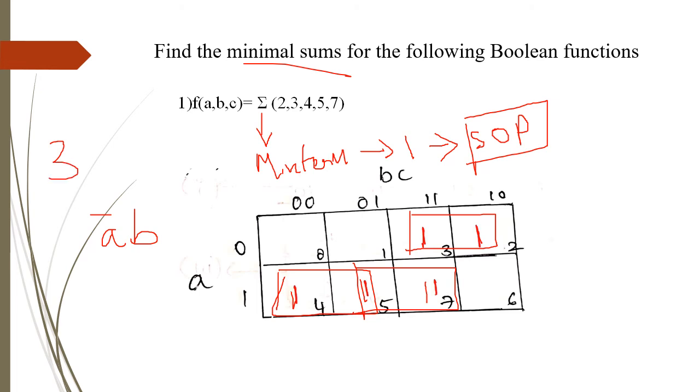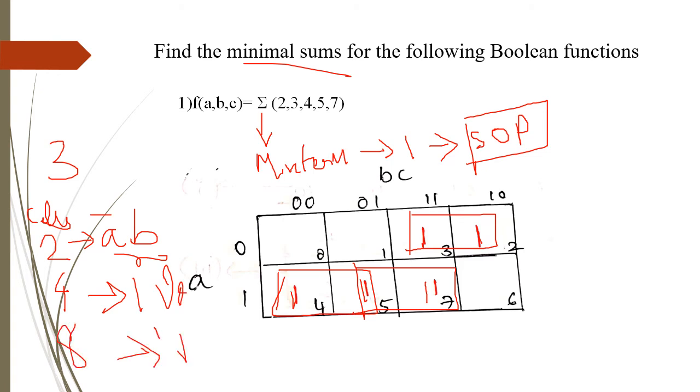If you group 2 cells, you get 2 literals; if you group 4 cells, you get 1 literal or 1 variable; and if you group 8 cells, the output will either go high or low, depending upon what it is.